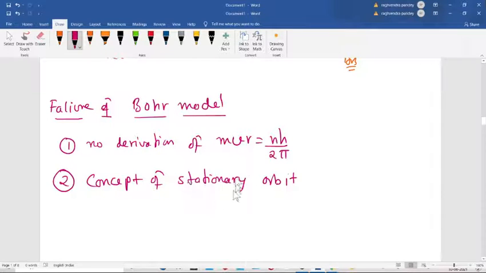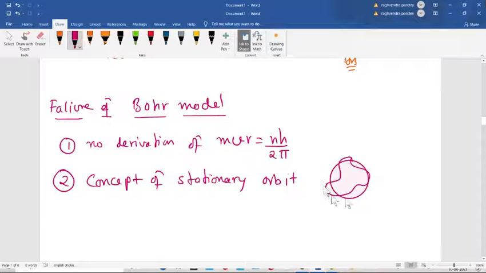This is correct, but he couldn't give a satisfactory explanation for it. The concept of stationary orbit was proved by de Broglie, because the electron is not just a particle, there are stationary waves on the orbit. So now the electron is in the form of a wave, and a wave doesn't emit or absorb energy.